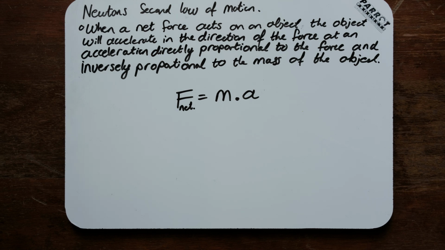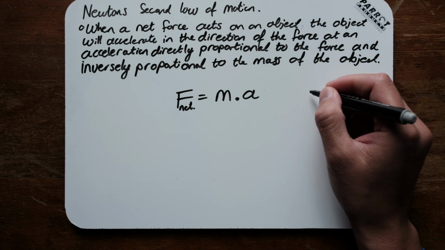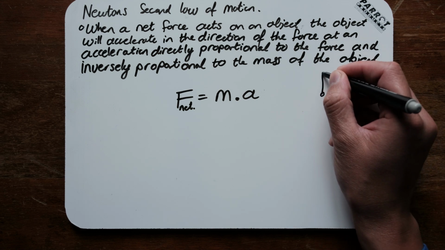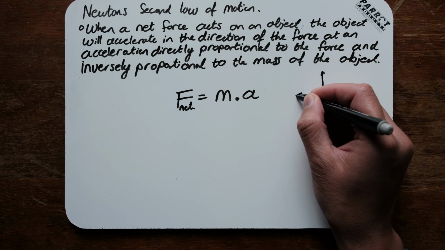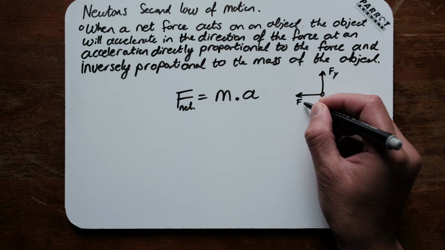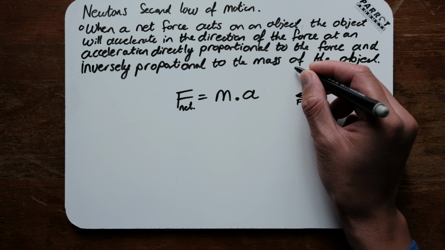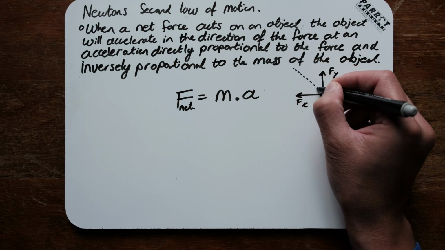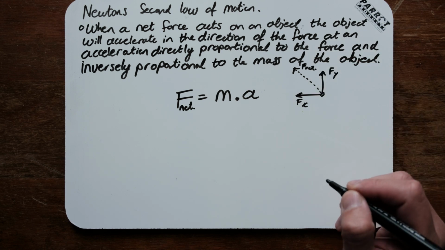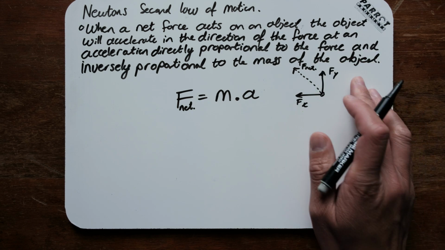Let's pretend that we have a free body diagram with a force going in the y direction and a force going in the x direction. The net force which would be created would be a combination of both forces given.